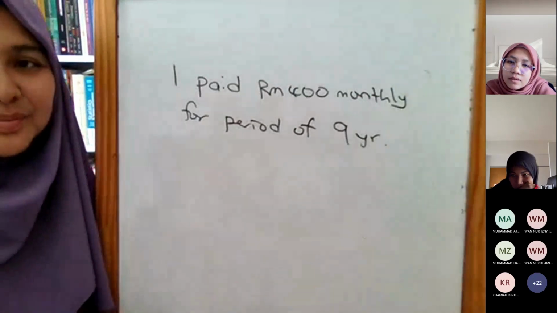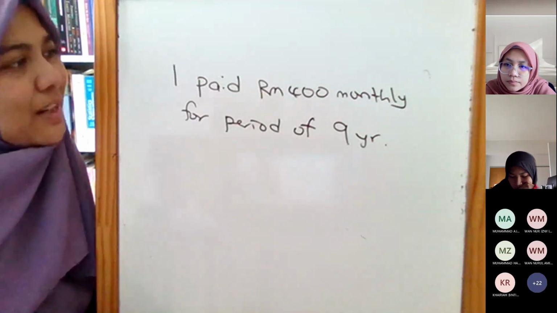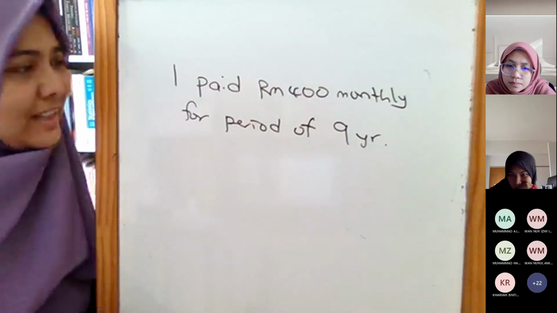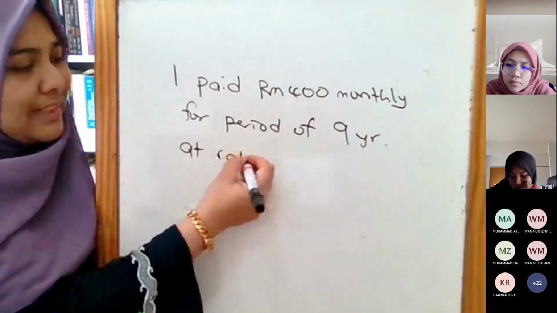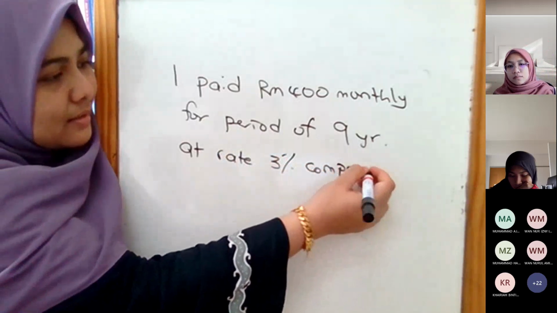Nurin, are you there? I paid 400 ringgit monthly for the period of 9 years at the rate of, let's say, 3% compounded monthly.